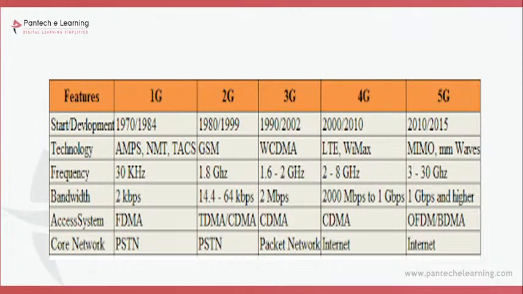This 2G introduced GSM, the global system for mobile communication, that enabled data transfer on top of voice, with a speed of 30 to 35 kilobits per second. It was primarily developed for voice, and MMS and SMS services were also provided.